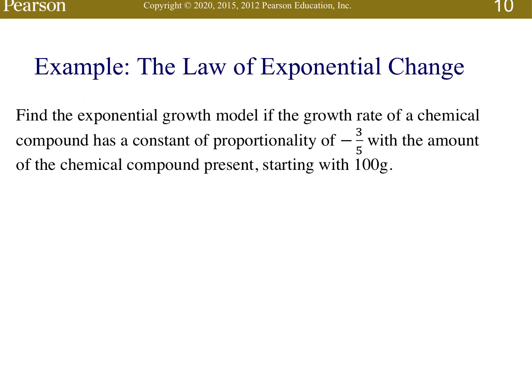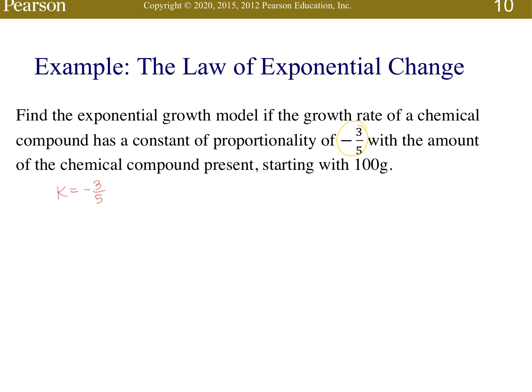So let's take an example from a chemistry lab. We are given an exponential growth model, and the growth rate has a constant of proportionality. So this negative 3/5, we know that that is what's called k. So k is negative 3/5.